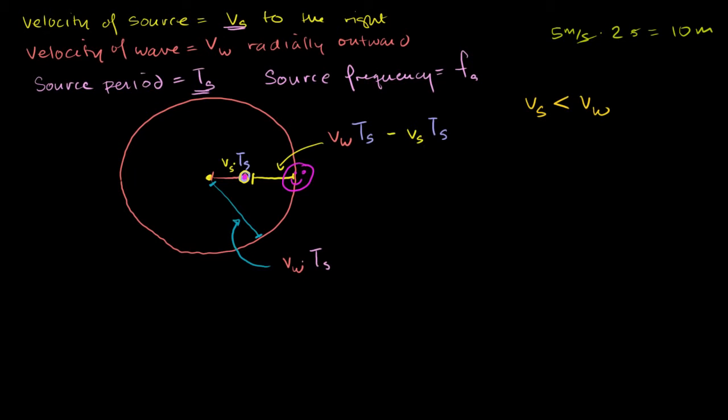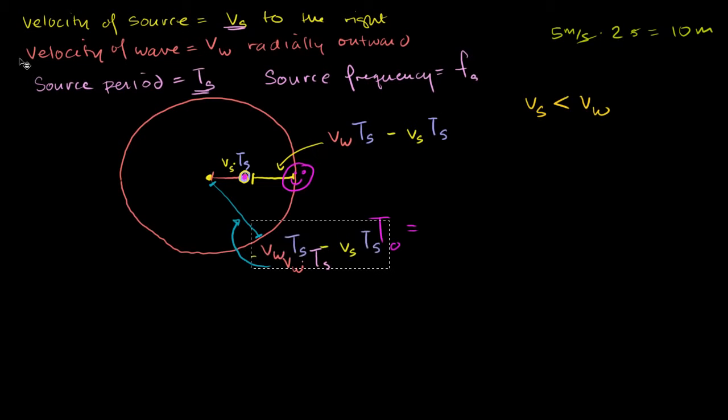Let me write this down. The question I'm asking is, what is the period from the point of view of this observer, who is right in the direction of the movement of the source? So the period from the point of view of the observer is going to be equal to the distance that the next pulse has to travel, which is that expression up there. Let me copy and paste that.